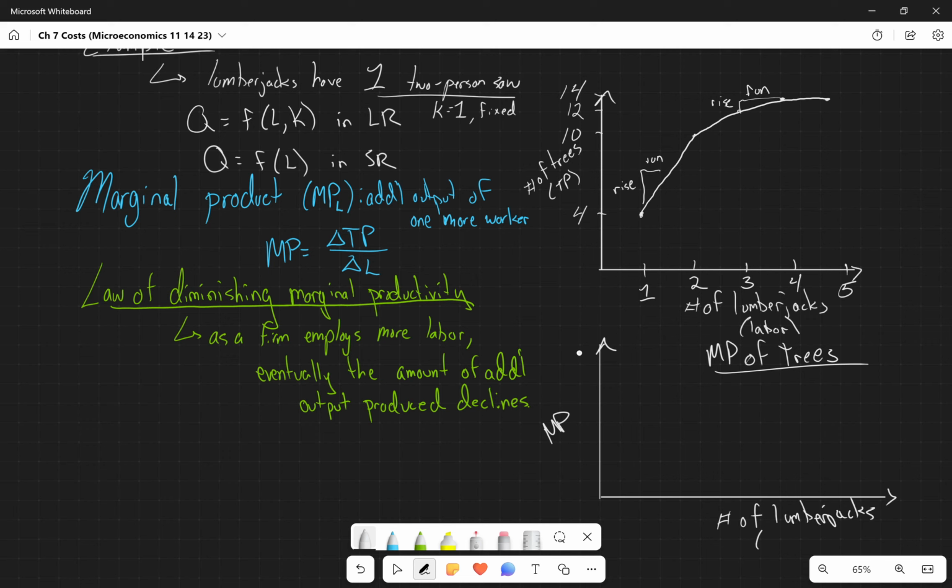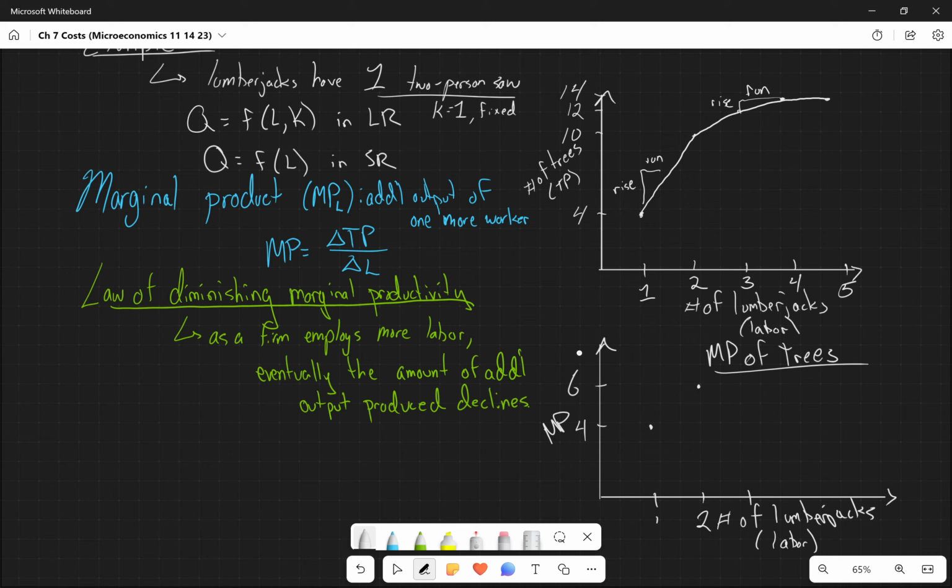This is going to be labor. And so we see that at 1, we're going to get 4 extra compared to the 0 we started with. At 2, we're going to go from 4 to 10, which means we're going to get 6 extra. So the extra output from adding that second worker is 6. The marginal product for the second worker is 6.